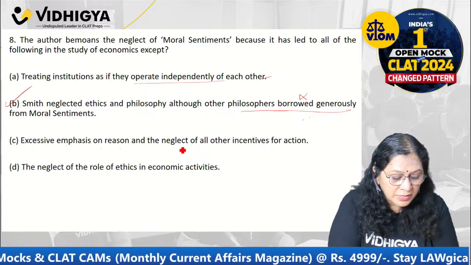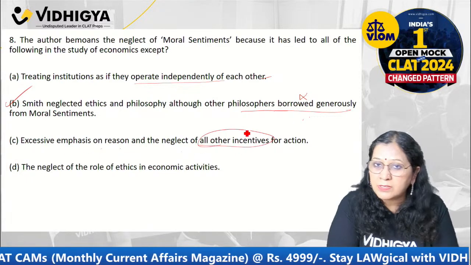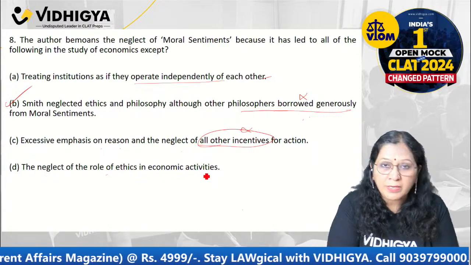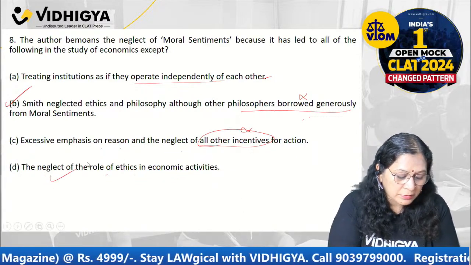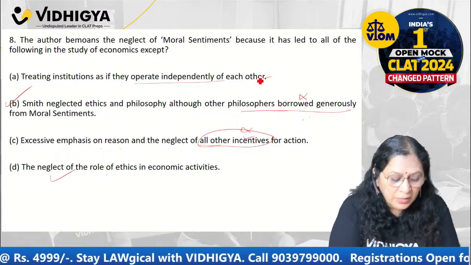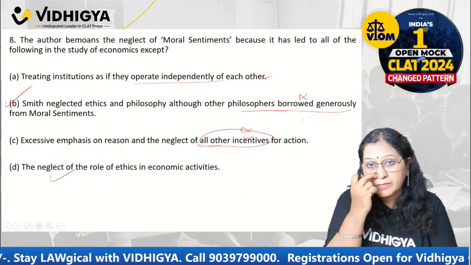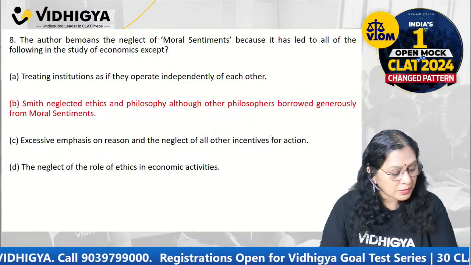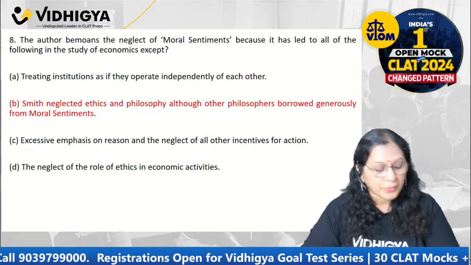Excessive emphasis on reason and neglect of all other incentives, देखो इसके हिसाब से भी आउट हो जाते हैं. Neglect of the role of ethics in economic activities, ये तो था, मतलब ये सारी चीजें थी, या तो है या तो irrelevant है, पर जो नहीं है, that was what we had to mark, and that is B as the answer. Right?